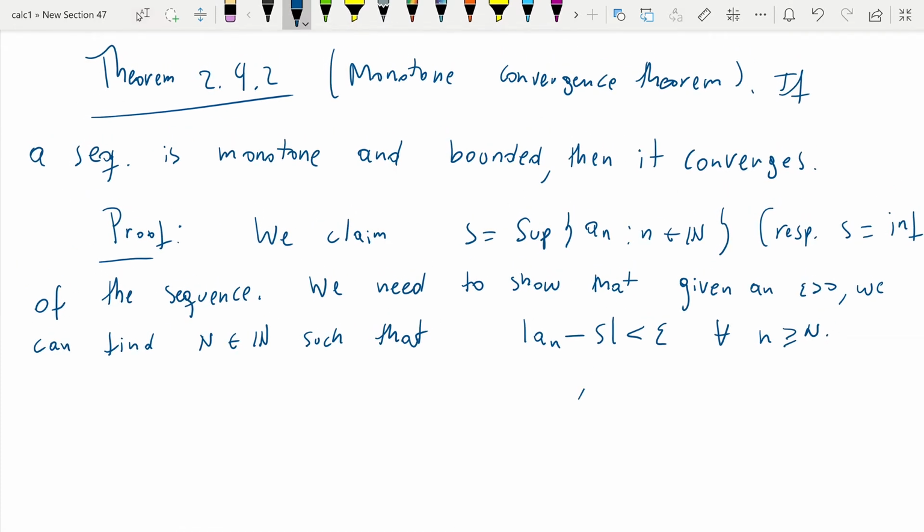Why? Because S is our claimed limit here, so that's what we want to show.